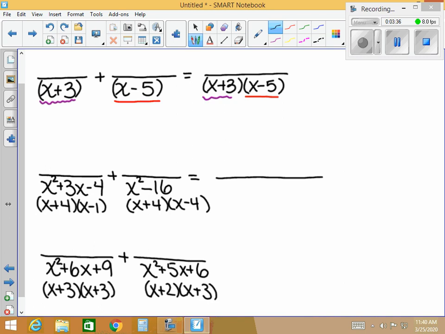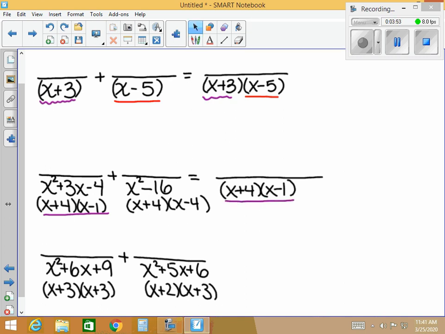So when we move down to the next one, we're going to start with both of these factors here. I've got to write both of those down: I need an x plus 4 and an x minus 1. There they are. When I come across to this one, it says I need x plus 4 to be a factor of the common denominator I'm building.